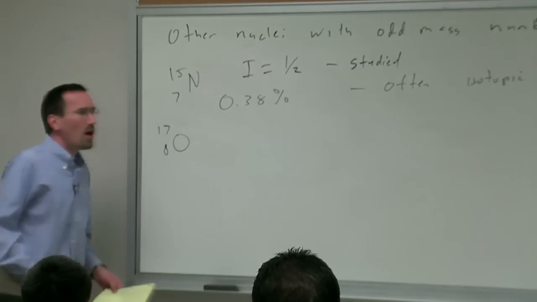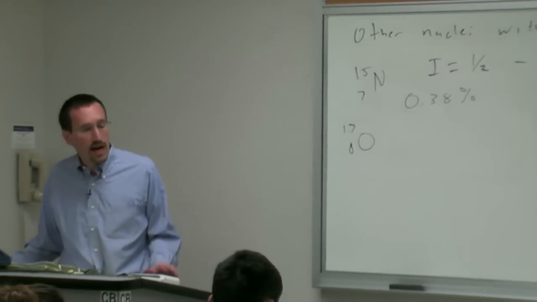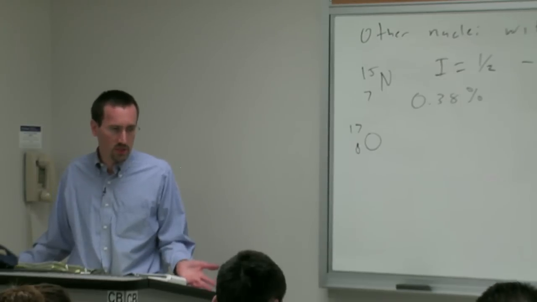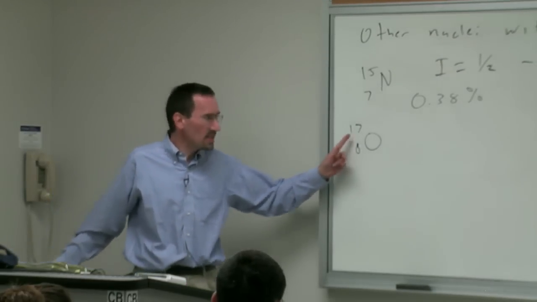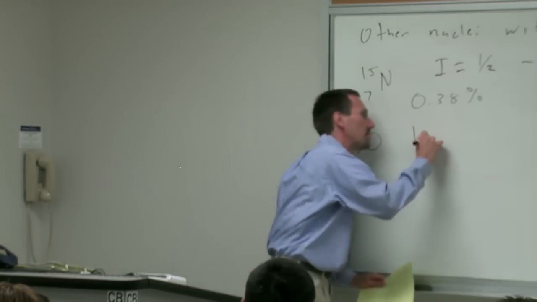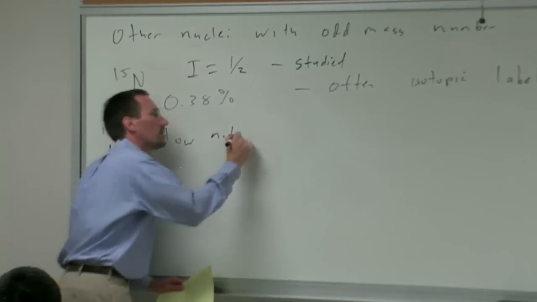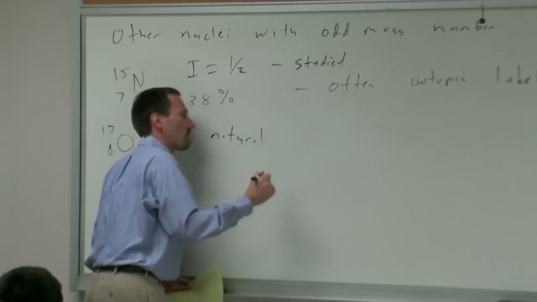All right, another nucleus is oxygen. O17, remember we said, is only low natural abundance. It's only very low, I should say. It's only 0.04%.